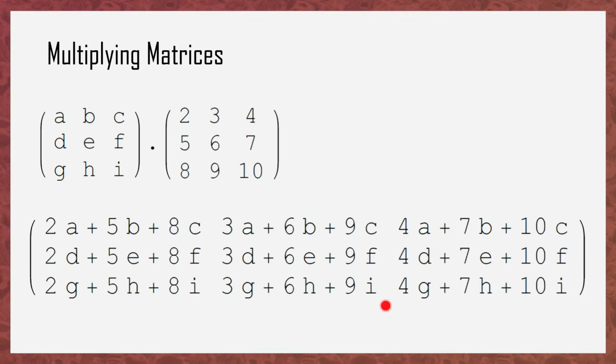The middle ones are all being multiplied by 3, 6, and 9. And then 4, 7, and 10 for the rightmost column. So by doing this, we're multiplying every row here by each and every column here, and all of them correspond with just one element in the answer.